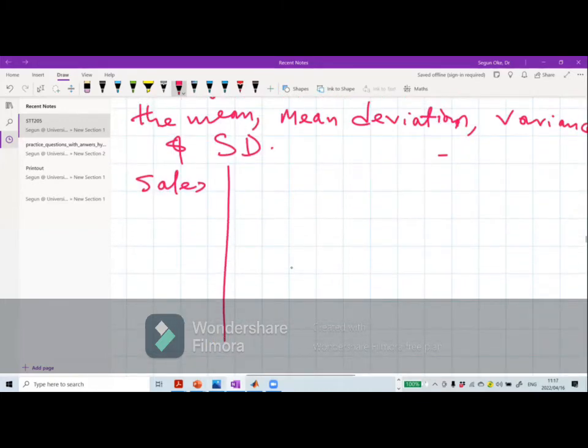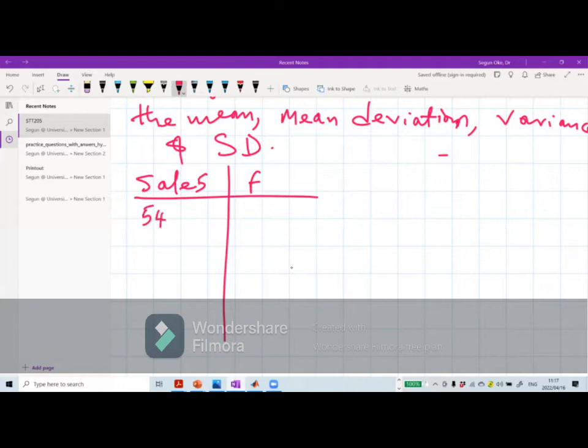Here it says, our sales and the frequency. 54 to 57, we have 5. We have 58 to 61, we have 7. We have 62 to 65, we have 10. We have 66 to 69, we have 12.